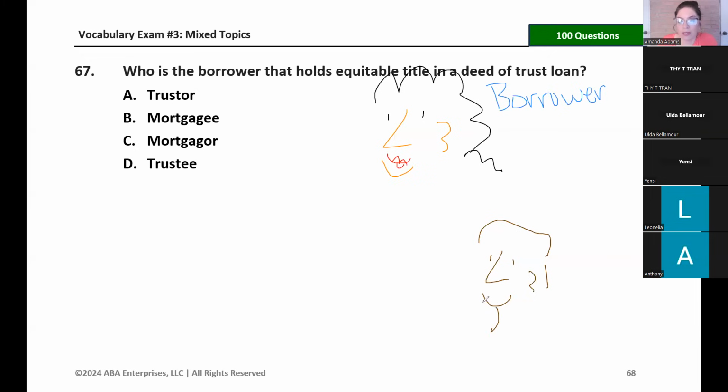And then we've got another 3rd-party trustee over here. He looks like Guile from Street Fighter. All right, so our lender is called the beneficiary. They're benefiting from the loan.